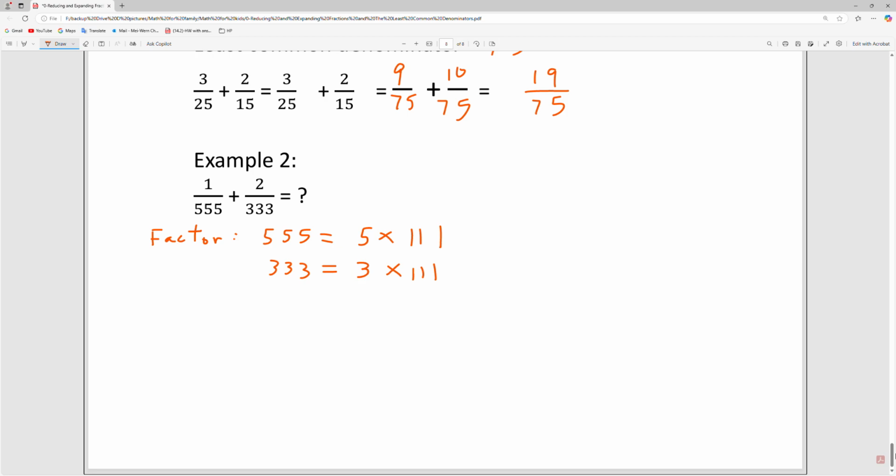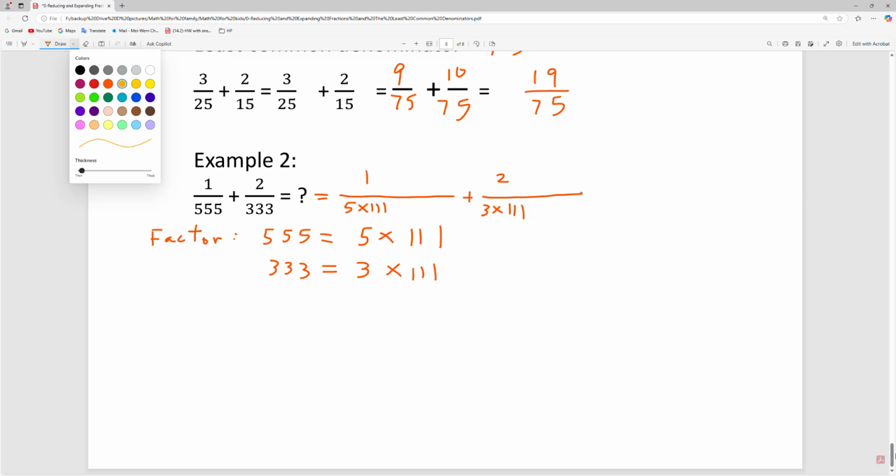So this one plus this one, you have 5 times 111, and the second is 3 times 111. So these two are equal. I just changed 555 to 5 times 111.